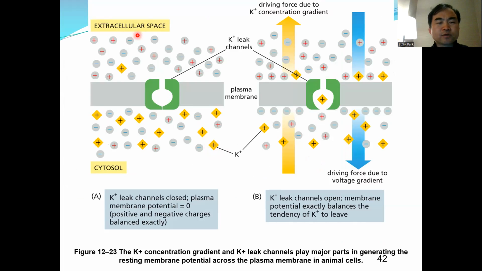In the extracellular space a concentration difference also arises, with this side positively charged and this one negatively charged. So that is a voltage difference, in other words a potential difference. When potassium leak channels open, the membrane potential exactly balances the tendency of potassium to leave.